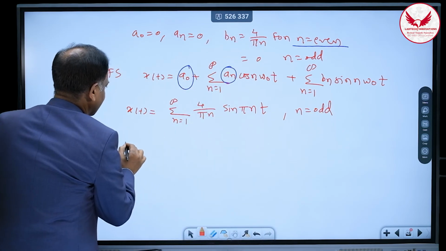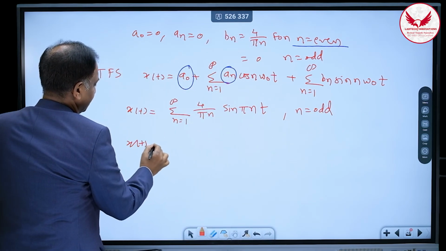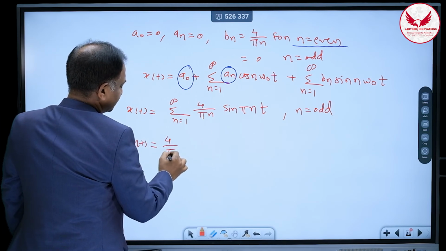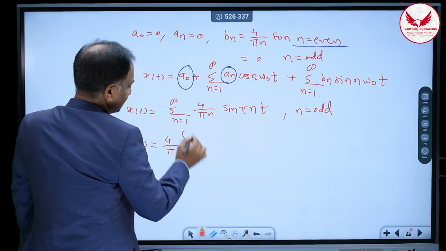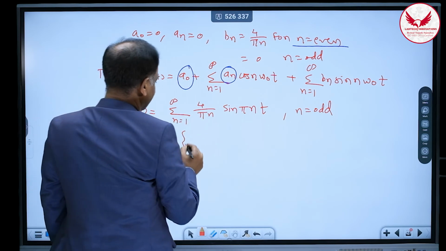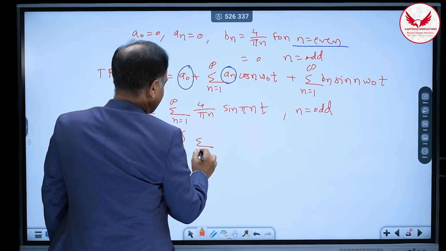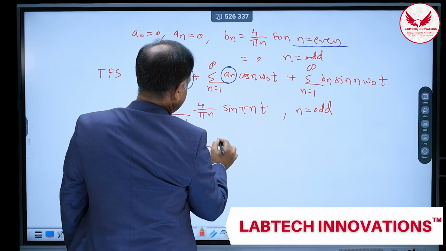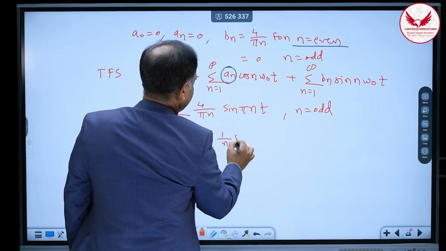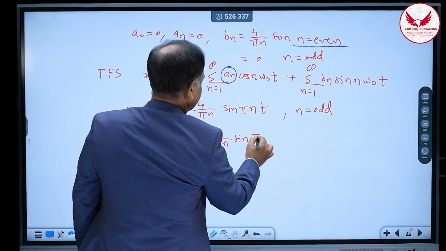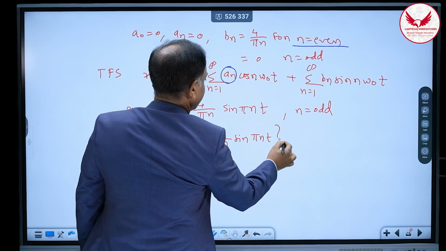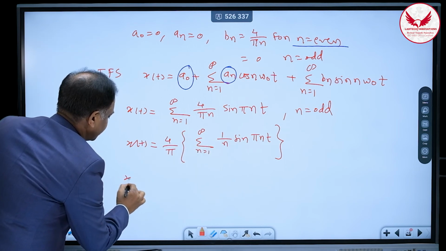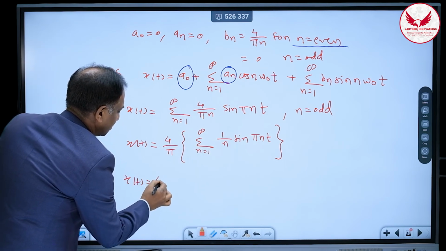If you expand this, x of t is equal to 4 upon pi, which I take outside because there is no n concerned with it, summation n is equal to 1 to infinity, 1 upon n into sine of pi n t for n is equal to odd.